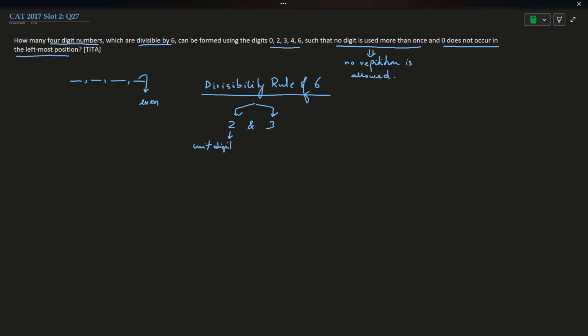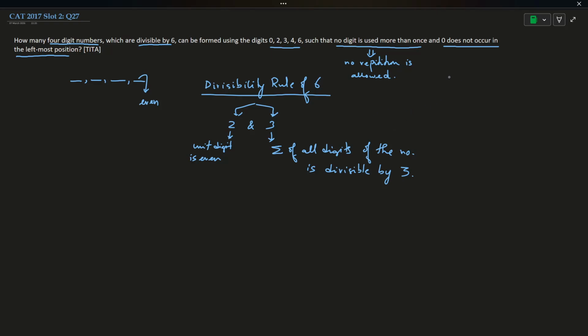And for 3, the summation of all digits of the number is divisible by 3. So we have to make sure that the number follows both of these: the unit digit is even and the summation of all the digits is divisible by 3.